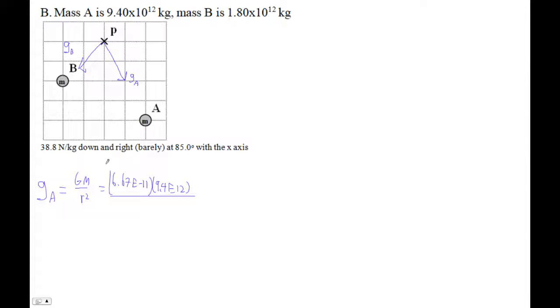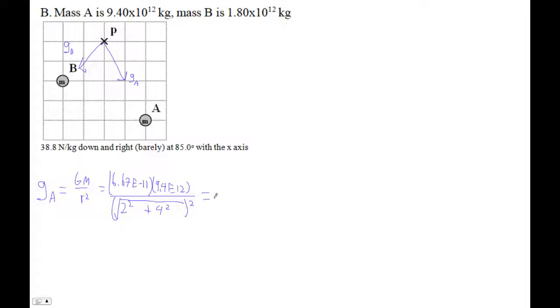And then how far are we from A? We are 2 over and 4 down. So it's going to be 2 squared plus 4 squared. Of course it's the square root of that, but then it's squared, so the square root goes away. All right, so let's figure this out.